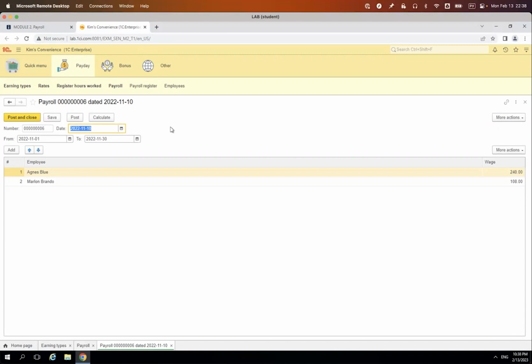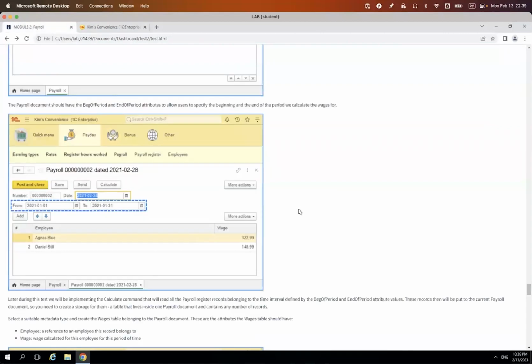For example, you post the hours worked document entries into the calculation register as they are, and then you read them back, but you ask the calculation register to adjust them according to displacement or to calculate the baseline for you, and the calculation register returns them in processed way. So you have an easier task calculating the salary. But this is a different topic, and there are video lessons in this module that explain these concepts in detail.